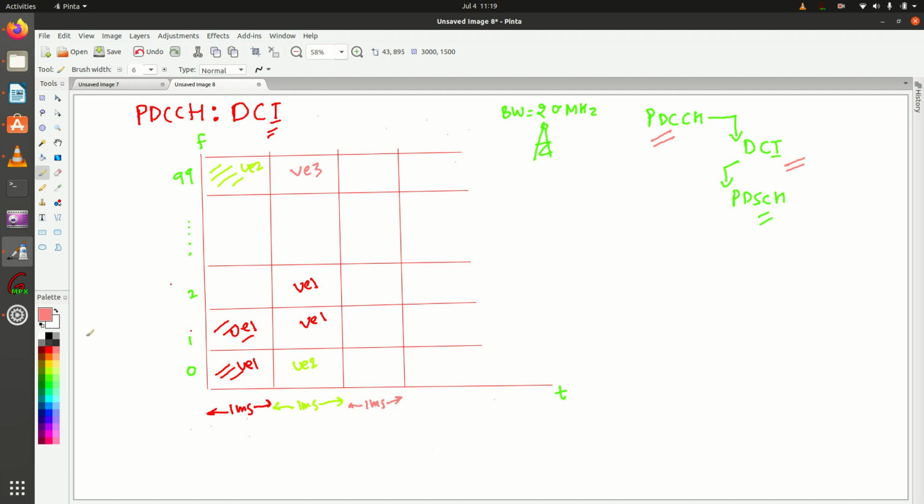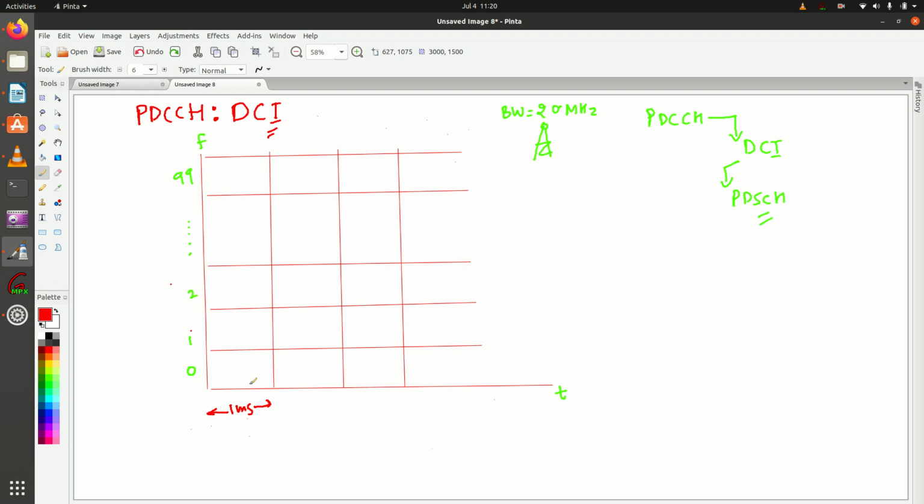Let's say this is our UE1. I'm removing these allocated PRBs because I have to draw OFDM symbols. So you got the concept of scheduling in 1 millisecond.